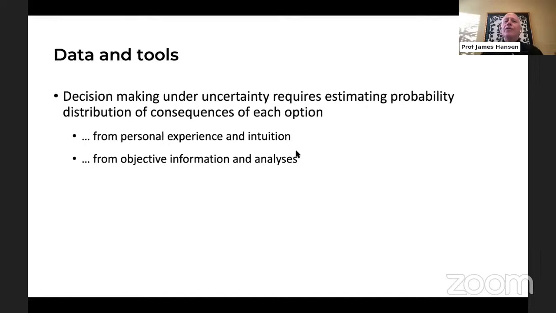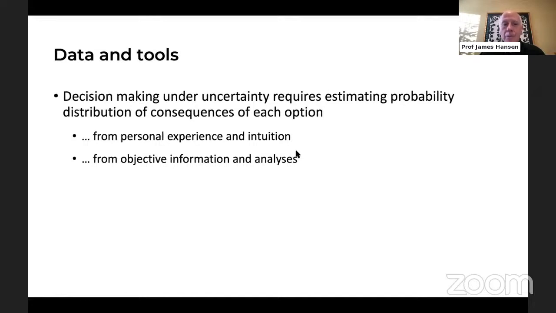Making decisions under uncertainty always requires estimating some aspect of the probability distribution, mean returns, their variability, for the consequences, economic or productivity consequences, for each option that the decision maker is considering.